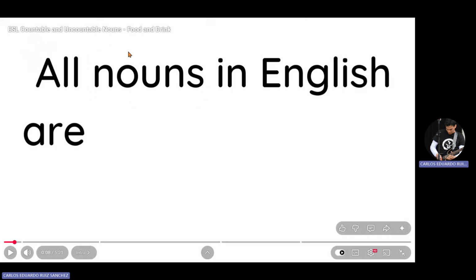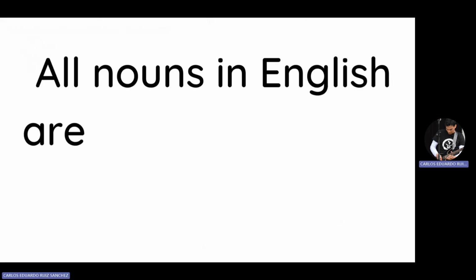In Spanish, nouns means sustantivos. Nouns are all the names that we give to the elements to identify them. Son los nombres que se les dan a los elementos para identificarlos.